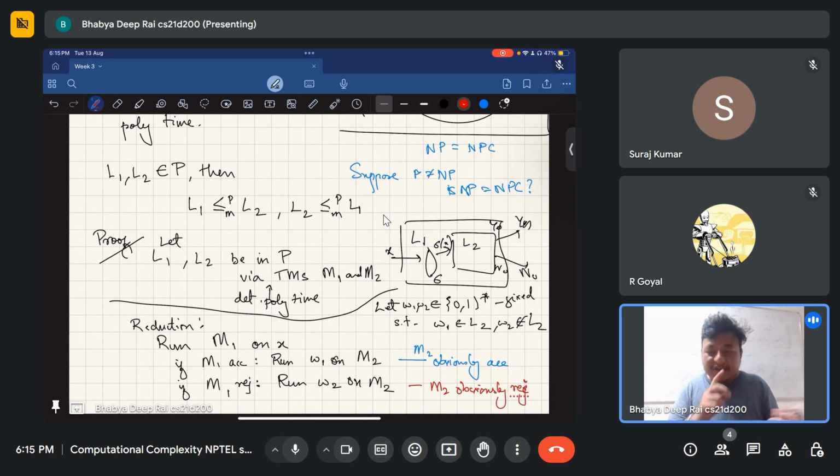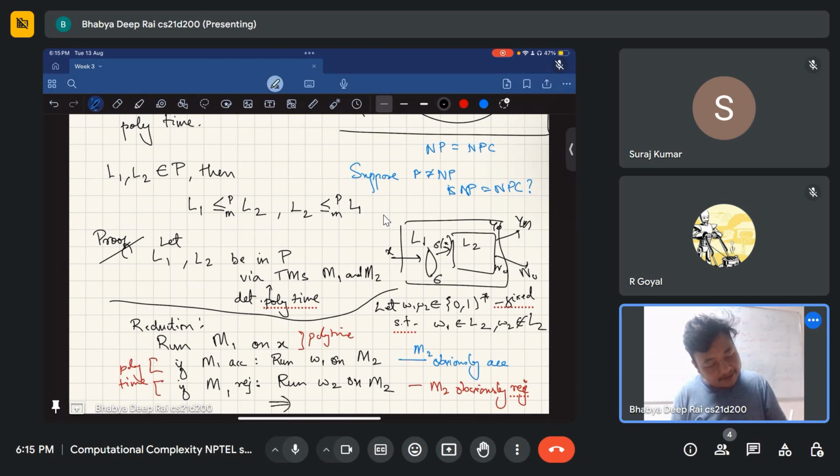So I gave a reduction such that whenever M1 accepts, M2 also accepts, and whenever M1 rejects, M2 also rejects. This runs in polynomial time, and so does each of these. Therefore, this is a reduction from L1 to L2.